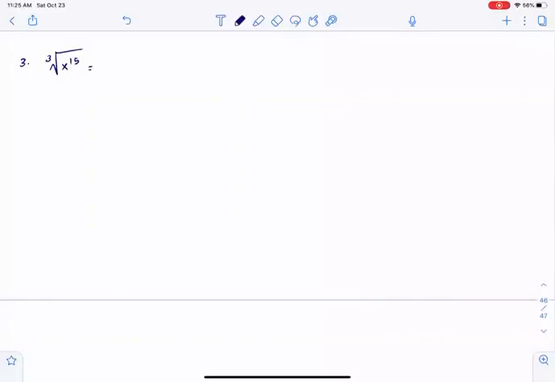Now we have cube root of x raised 15. So since we have a cube root, our objective must be to write the expression inside the root as a power or in powers of 3.